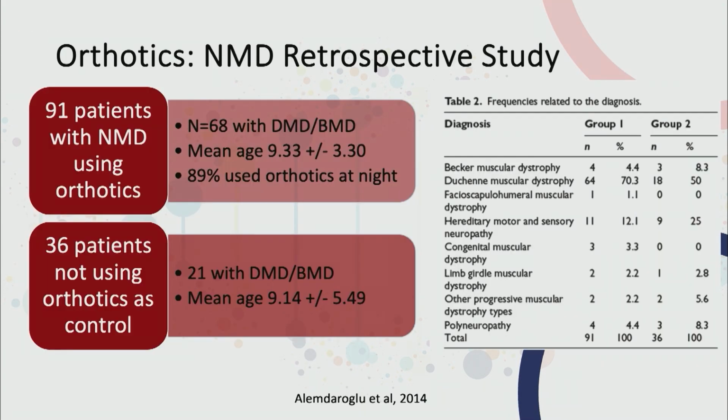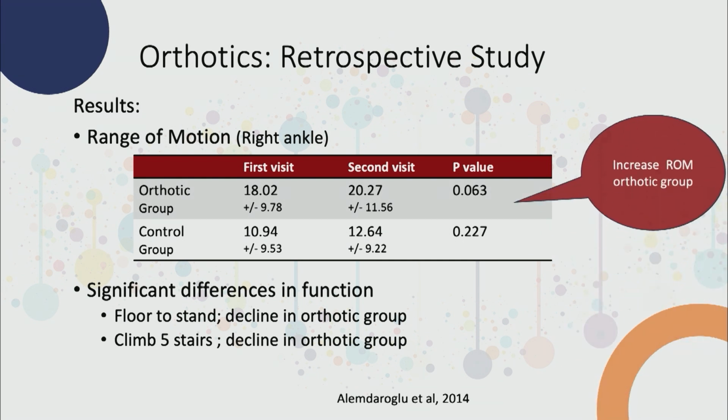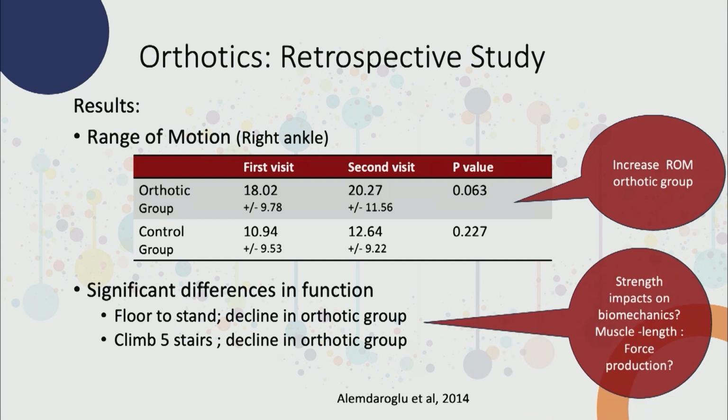Great. So when we looked at a retrospective review, I'm focusing on Duchenne because this retrospective primarily had boys with Duchenne. They looked at orthotic use. One of the things I found interesting was that there was increased range of motion in the orthotic group. However, it was really interesting, there was also a significant decline in those who had that increased range of motion.